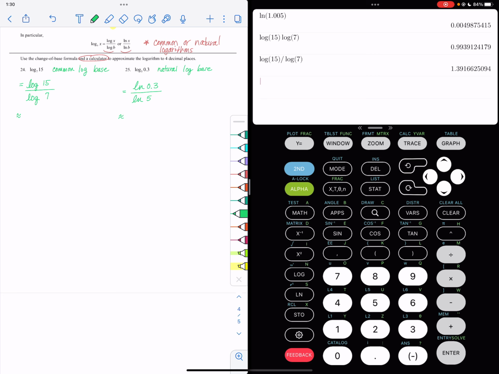So we'll just use 1.3917. So approximately equal to 1.3917. Okay, let's now use the natural logarithm of 0.3 divided by the natural log of 5. And that is negative 0.7481. And that concludes this section.